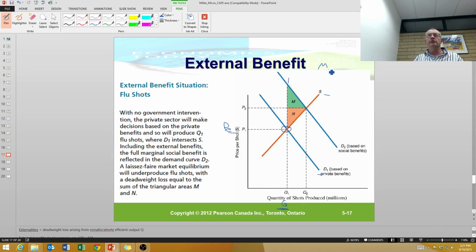So the marginal benefit of society is greater than the marginal benefit of the private industry. Here's society's marginal benefit from this level of output, and here's the private company's benefit from this level of output.